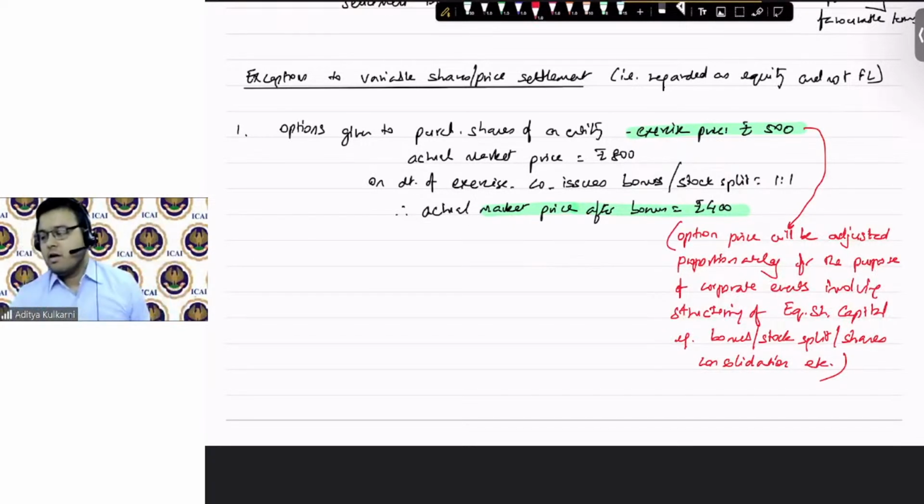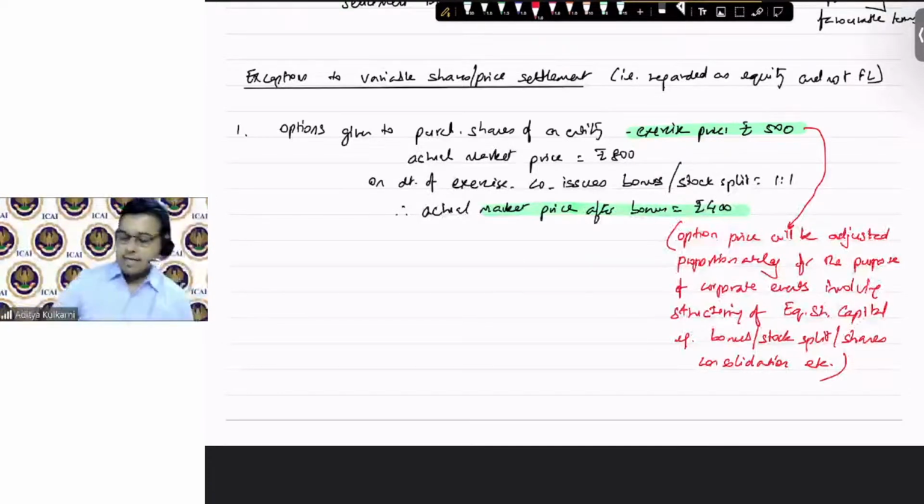So this is the option contract. The option contract looks like this. The option price will say that, see, I am giving you the right to purchase my shares at 500.